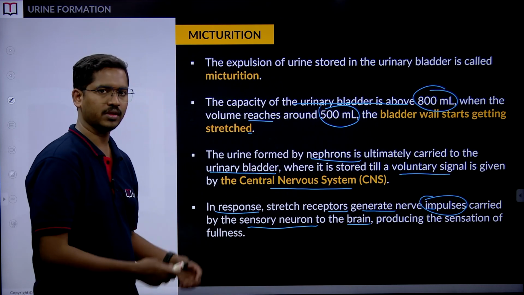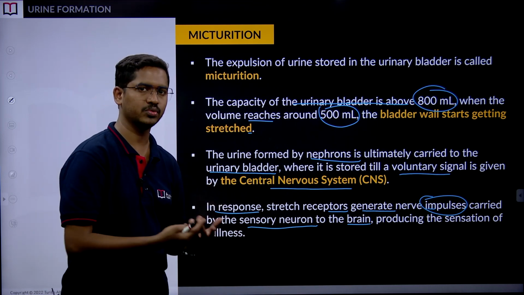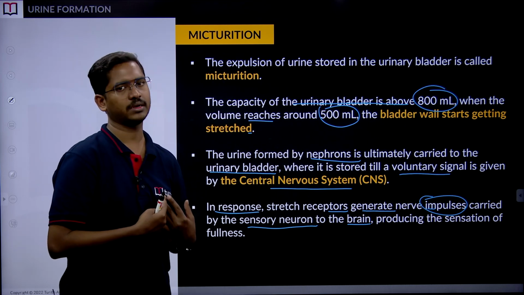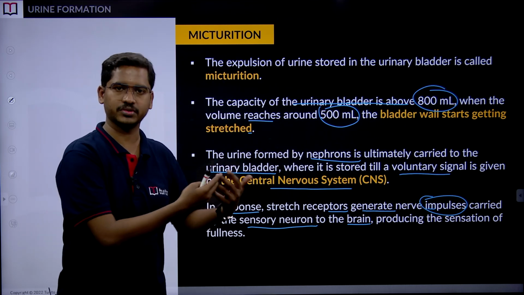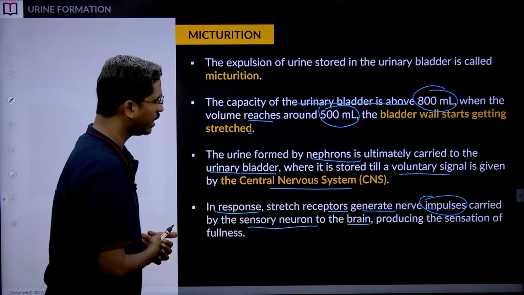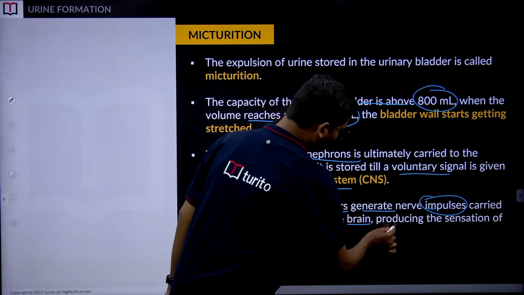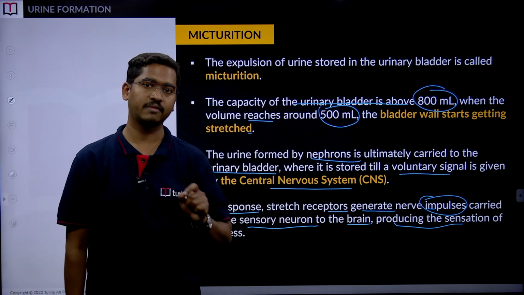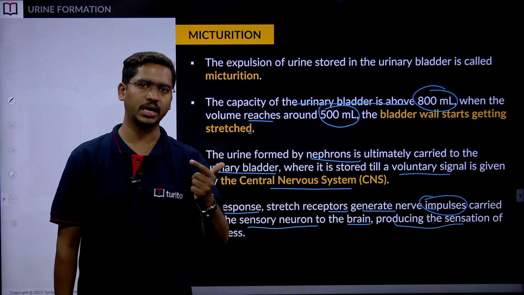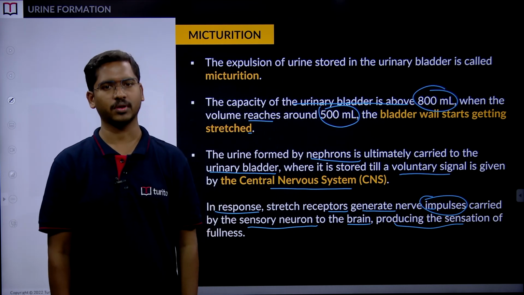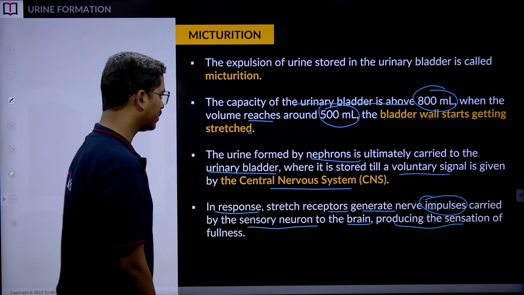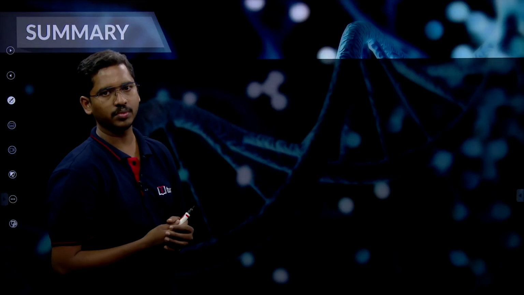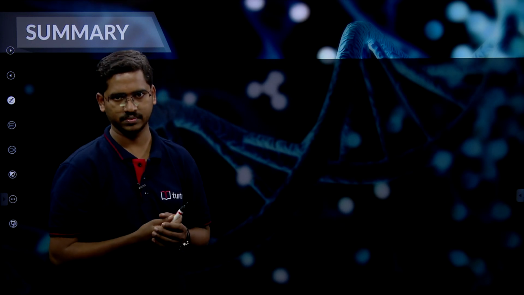The brain then gives a signal back, and that is when you have the sensation, the urge to urinate. Only then do we end up going to the process of urination, right.